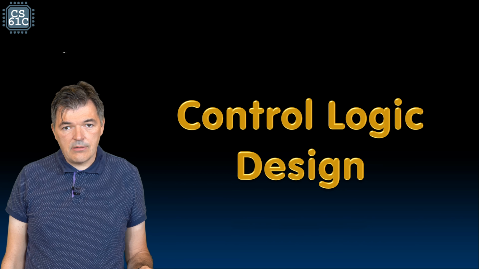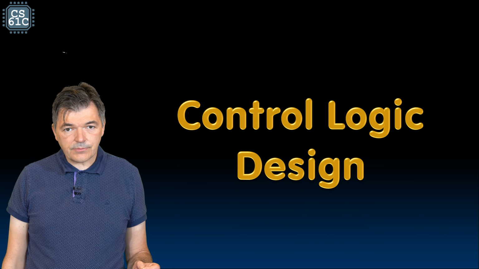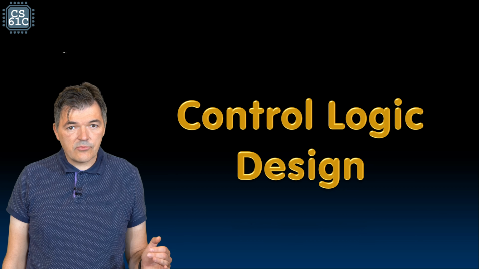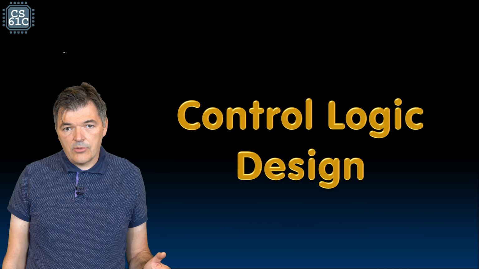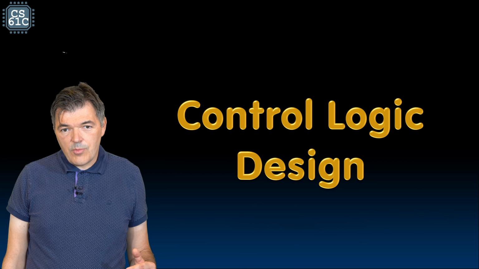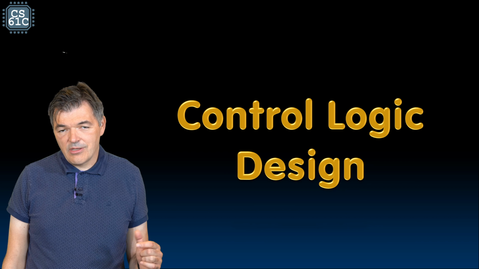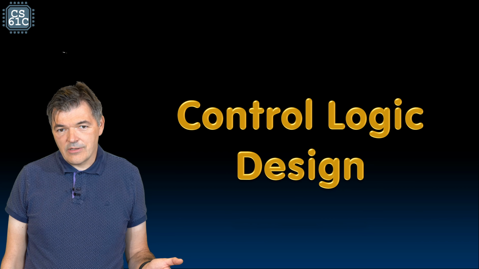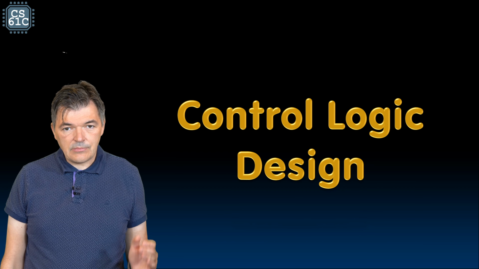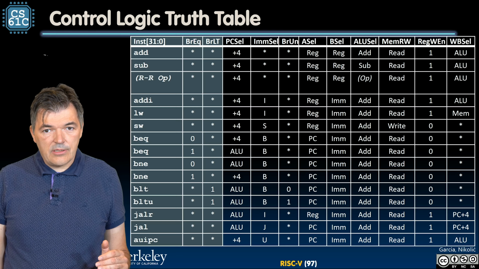That will help us in the next module. But the second purpose was to get a really good handle on what the control logic is supposed to do. That's going to make this segment much easier to understand and make it look fairly straightforward. So let's get into that.